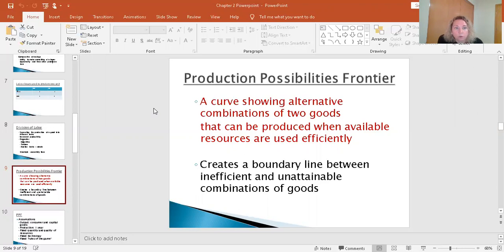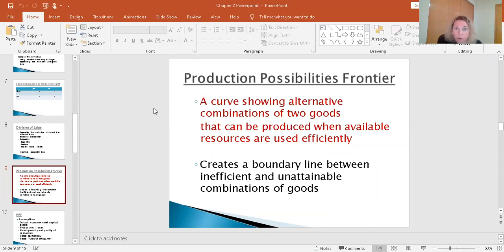All right, so the one big last tool that we haven't talked about yet is something called the Production Possibilities Frontier. It's exactly what it sounds like. It is a curve that represents all of the production possibilities that an individual might have, that a firm might have, that an economy might have, using all of its resources.